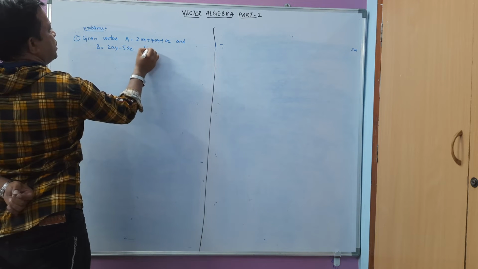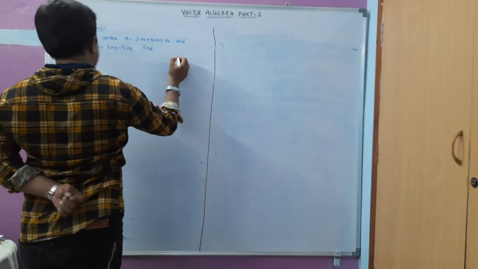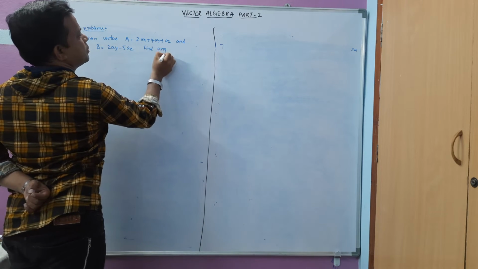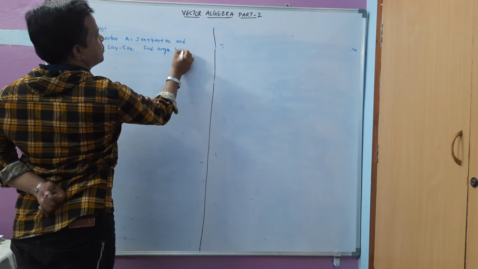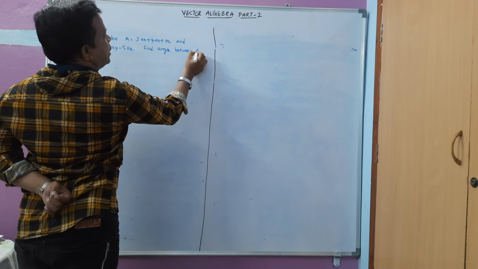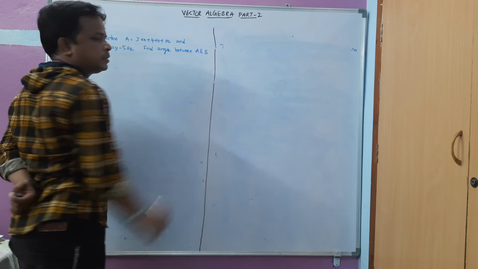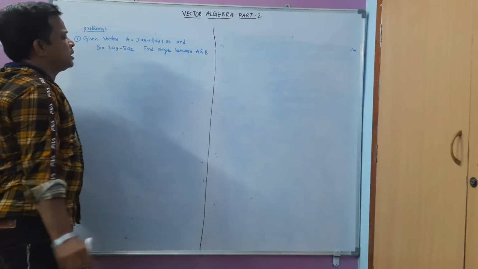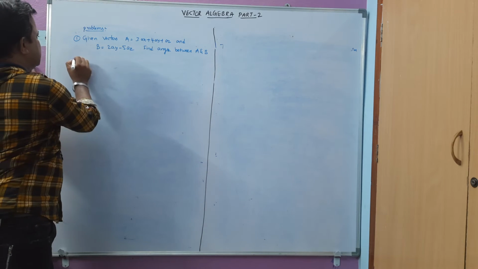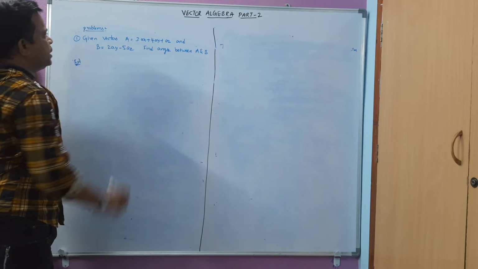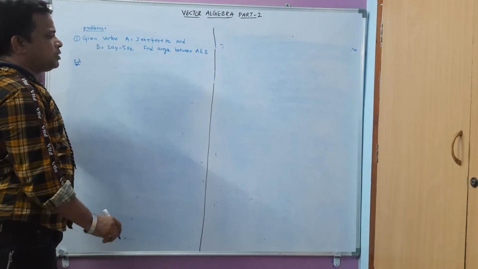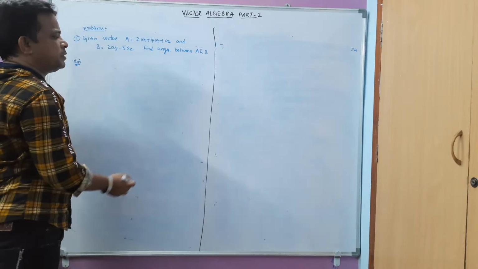Find the angle between A and B. So this is a very simple question. He has given two vectors here, A and B, so we just have to find the angle between them, that is theta of AB.